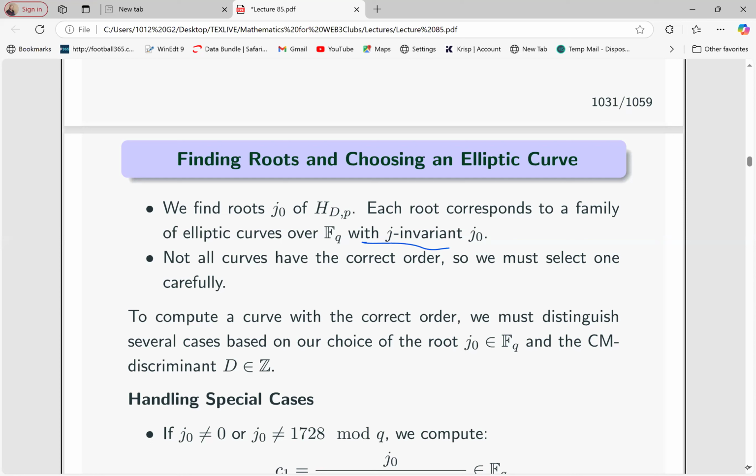But before that, we must determine whether the J invariant we just obtained gives us the correct order of the curve. Because you may have a J invariant and it doesn't give you the order. So you have to change the parameters above.